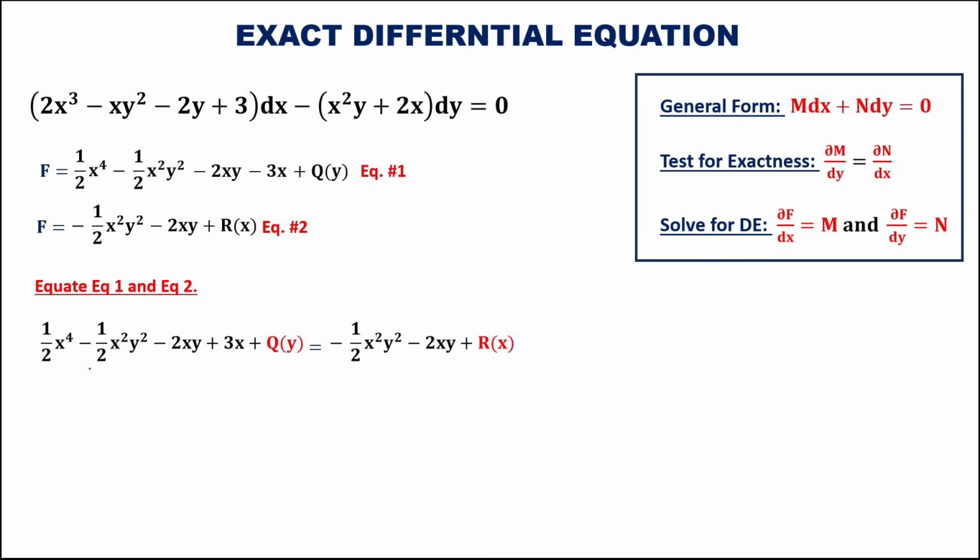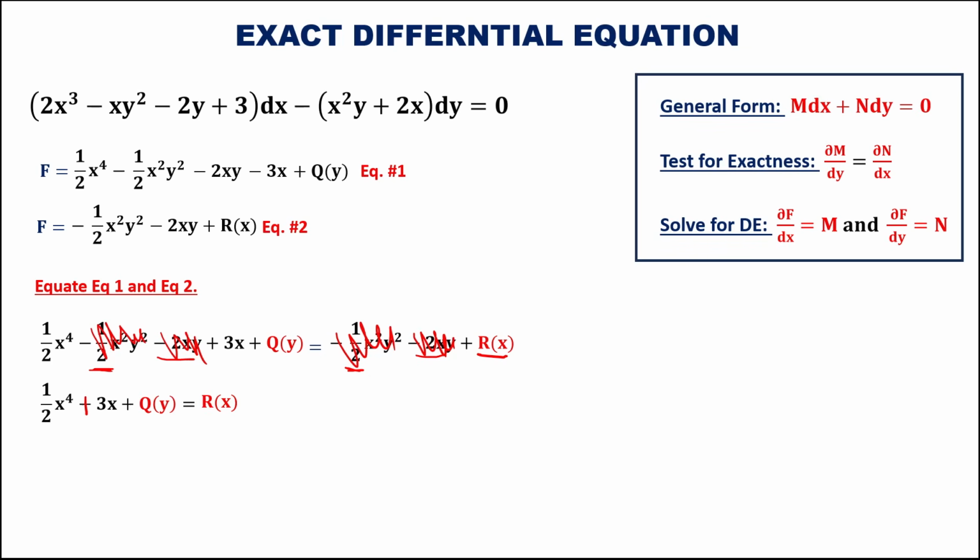Since we have negative 1 half x squared y squared, and also negative 1 half x squared y squared, we need to cancel. And also this negative 2xy, negative 2xy, we need to cancel. So therefore this becomes 1 half x to the power 4 plus 3x, then plus qy, then equals, on the right side, the remaining is rx.